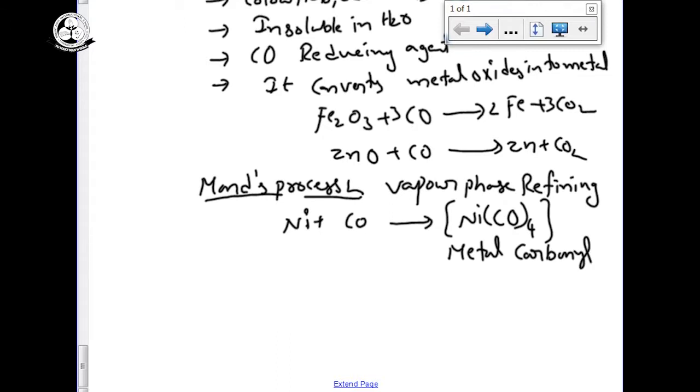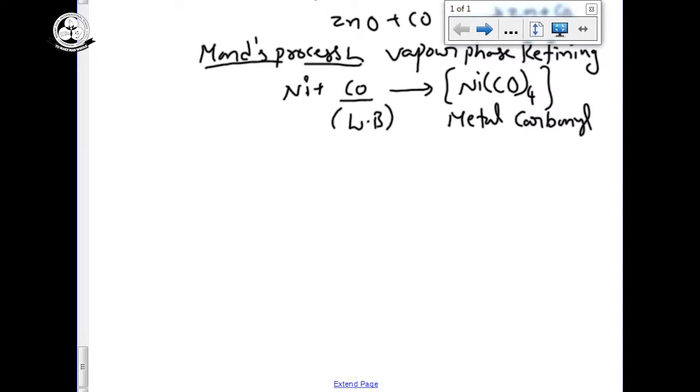Here carbon monoxide acts as an electron pair donor, that is a Lewis base, and nickel is the electron pair acceptor, that is a Lewis acid. The best known property is that carbon monoxide is highly poisonous. Why?